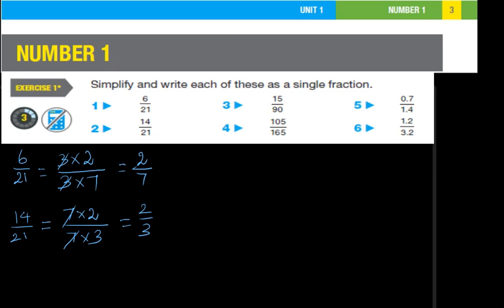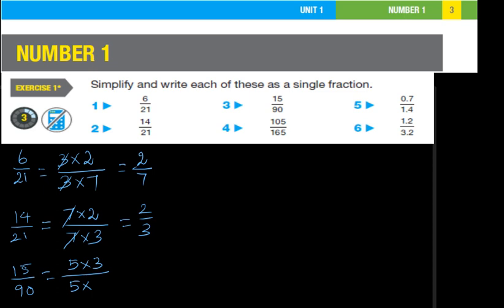The third one is 15 by 90. We know that both the numbers are available in the 5th table, so we write these numbers in terms of 5. 5 into 3 is 15, and the denominator is 5 into what?